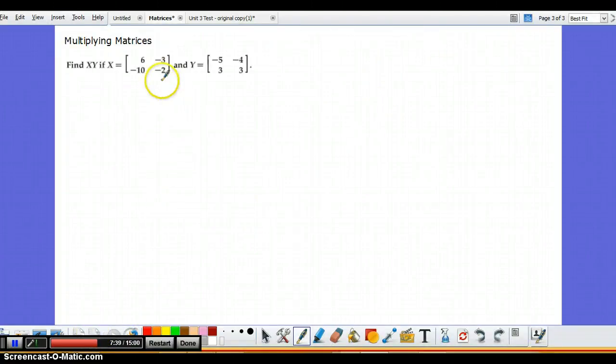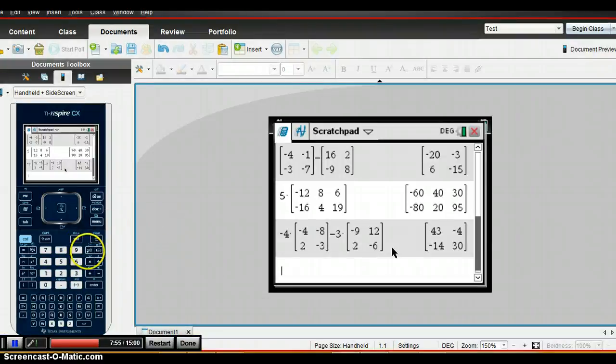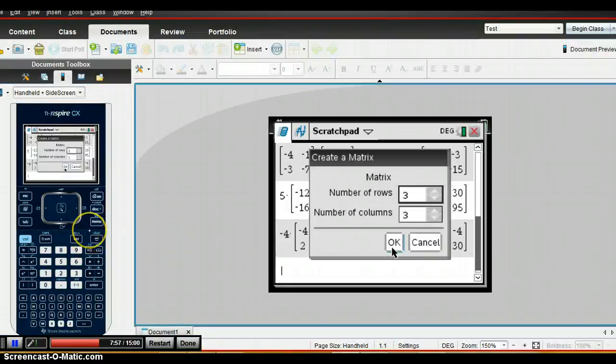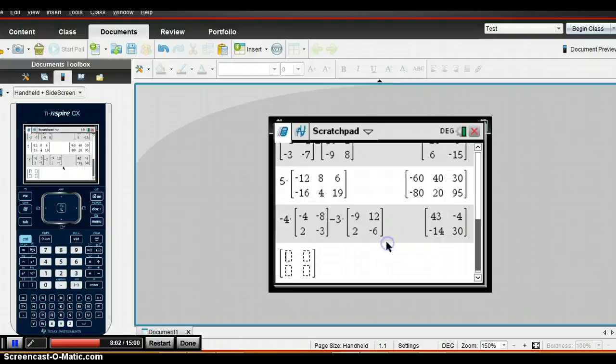All right, multiplying works the same basic way. So I'm going to do this one problem with you guys. So we got 6, negative 3, negative 10, 2, multiplying this by that. So again, we want a 2 by 2. So 6, negative 3, negative 10, negative 2.